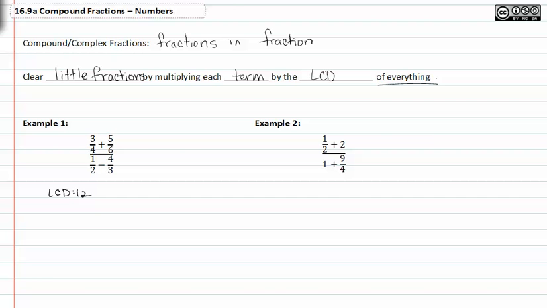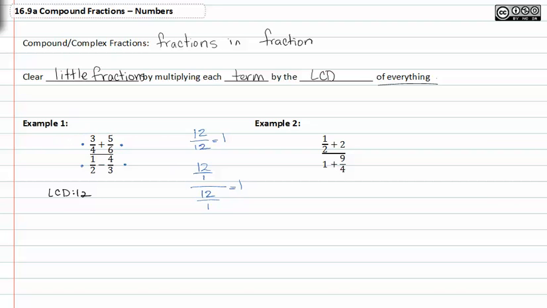So on the first problem, I'm going to show you how I would do this if I wasn't extremely familiar with fractions. Remember that if you have 12 over 12, that's equivalent to 1. And also, if you had 12 over 1 divided by 12 over 1, that would still equal 1.